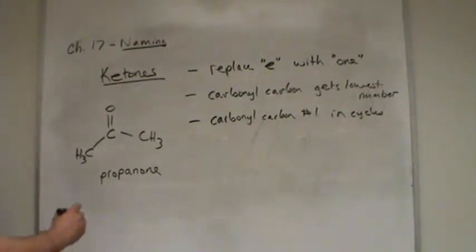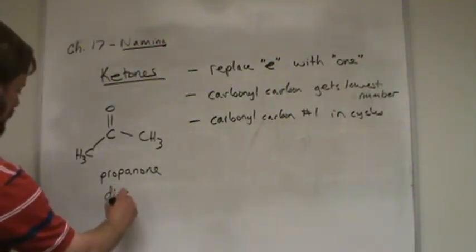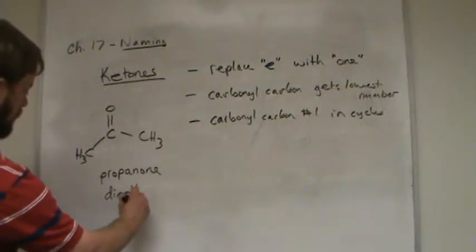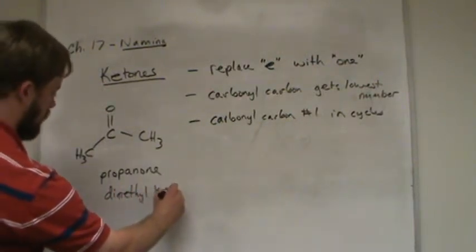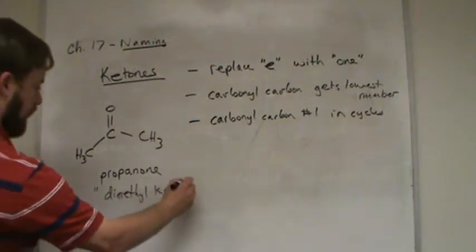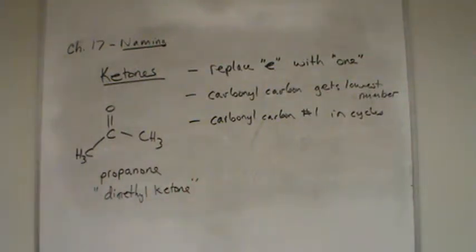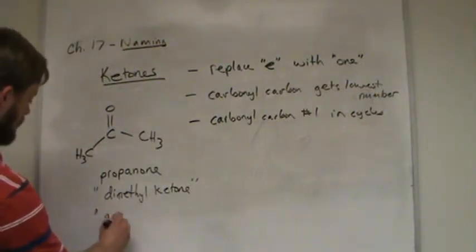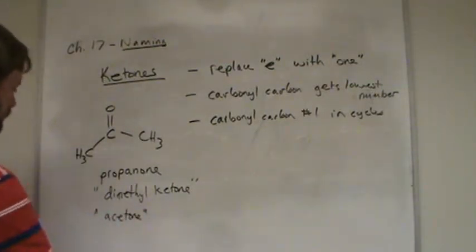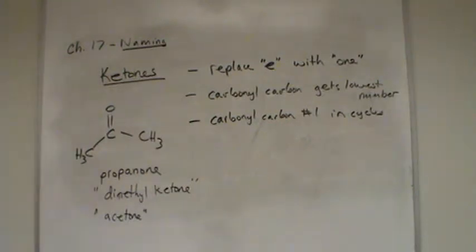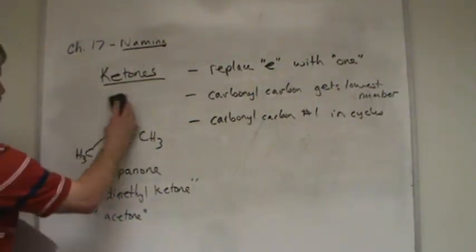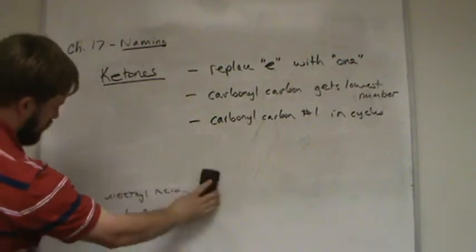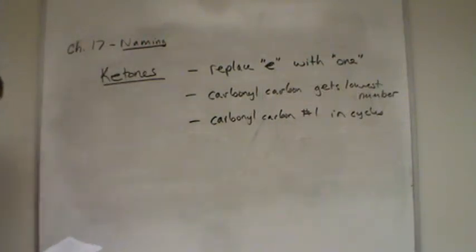The derived naming would be dimethyl ketone. And then what you're going to hear everyone in lab call this is the common name of acetone. That's acetone. We use it to wash our glassware.